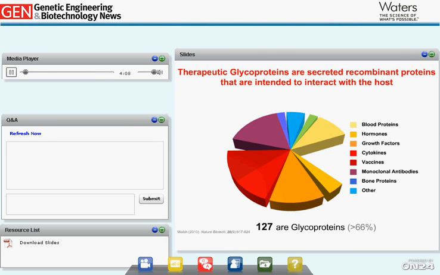Well, therapeutic glycoproteins are secreted recombinant proteins that are intended to interact with the host. Of the ones on the market at the moment, 127 biological therapeutics are glycoproteins. And you see here they span everything from blood proteins to growth factors to monoclonal antibodies. So it's very important to understand the processes which result in this glycosylation.